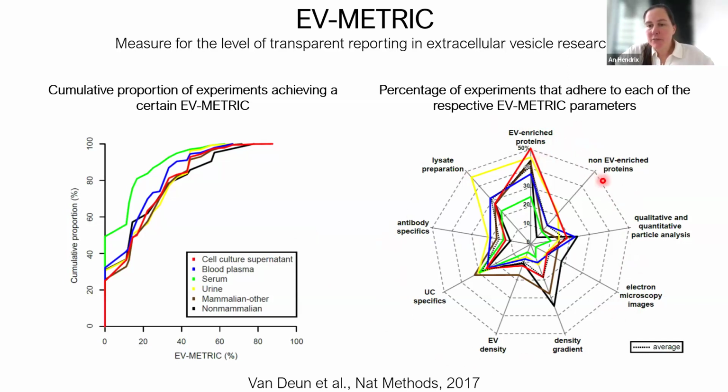Analysis of non-EV-enriched proteins and performance of qualitative and quantitative particle analysis, for example, were not performed in the majority of, or only in a minority of the publications. A very simple one to report, antibody specifics, also largely remain underreported.